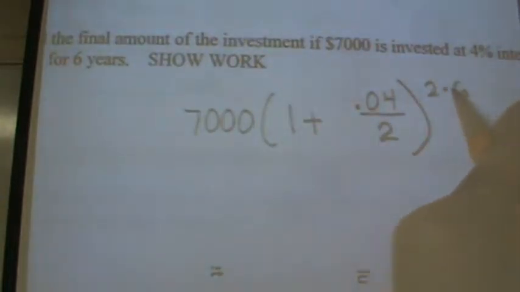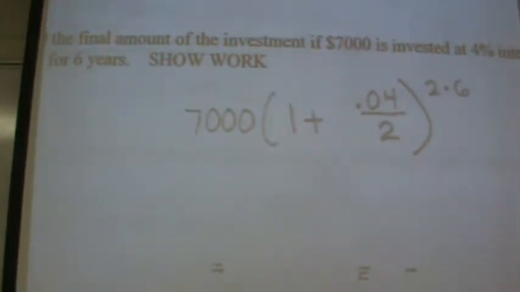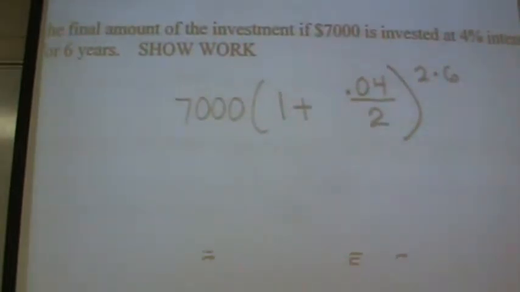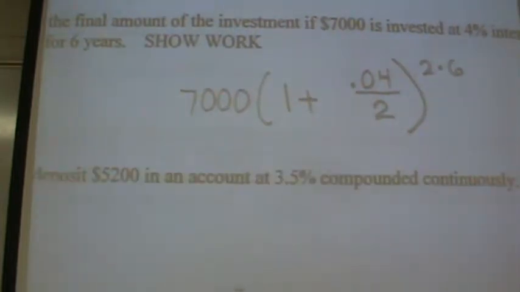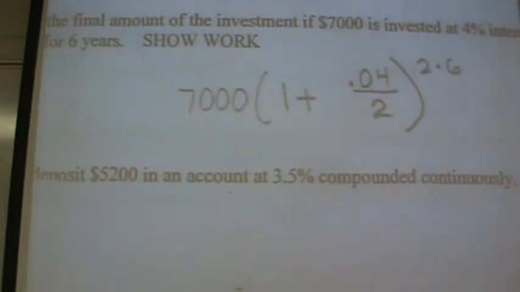What's annually again? Annually is once a year. Semi-annual is twice a year. So annually and yearly are the same? Yes. Annually means yearly. Now, when you type this in your calculator, make sure you understand order. What do you get for an answer? $8,877.69.